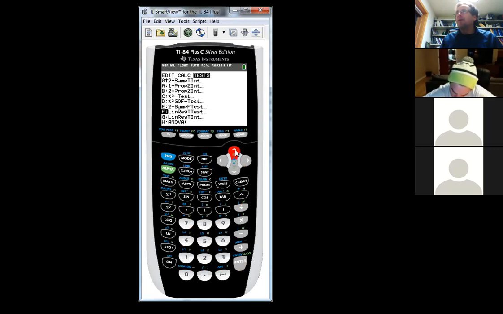We're going to do all but I think 1 or 2 of them in this whole class. So I hit enter. X list is L1, Y list is L2, Freq is 1, rho not equal to 0 is what I want. Don't worry about RegEQ. That's if you want to graph it using a calculator. And then enter.